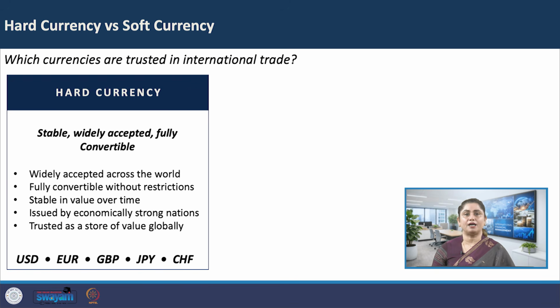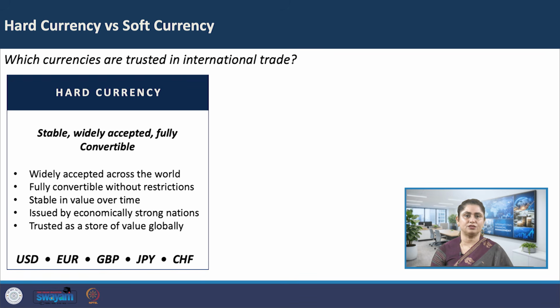Hard currencies are trusted as a store of value and a medium of exchange in international trade and finance. This currency is fairly stable. Classic examples of hard currencies are the US dollar, the euro, the British pound and the Japanese yen. Of these, the US dollar is the dominant global reserve currency.